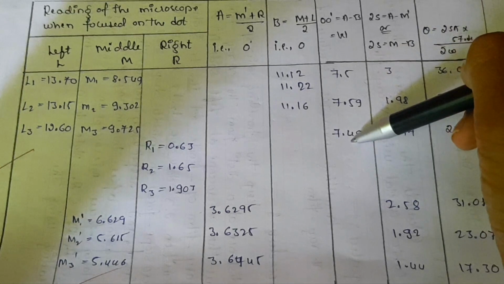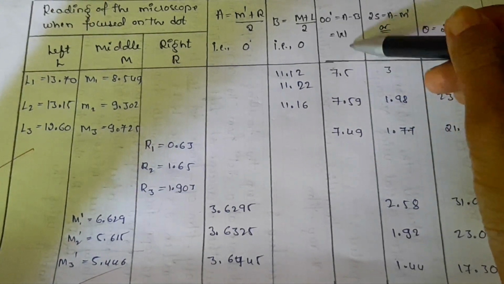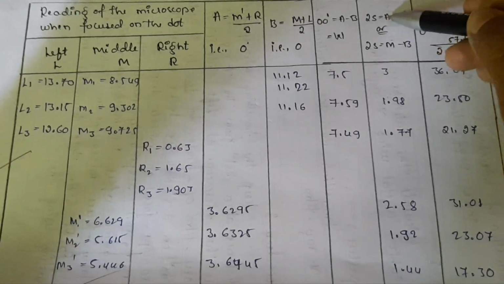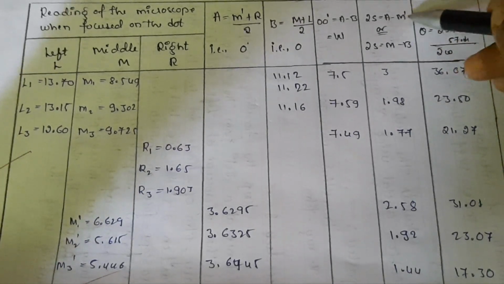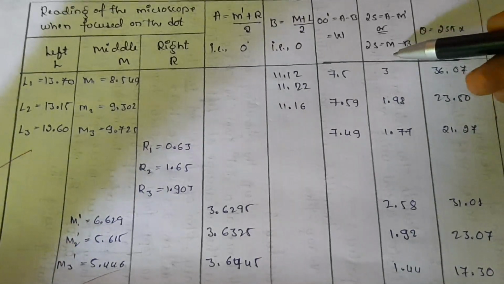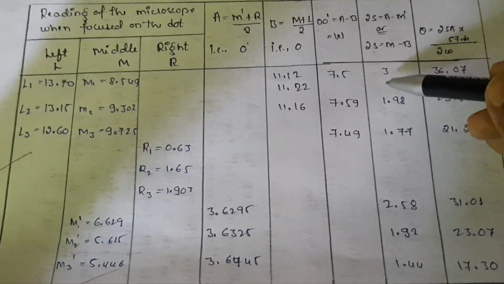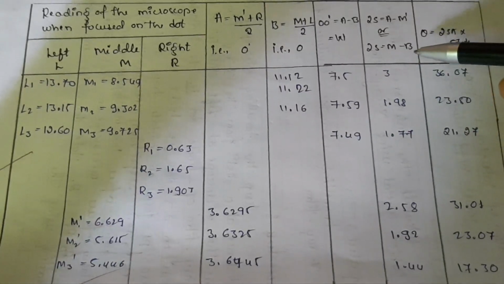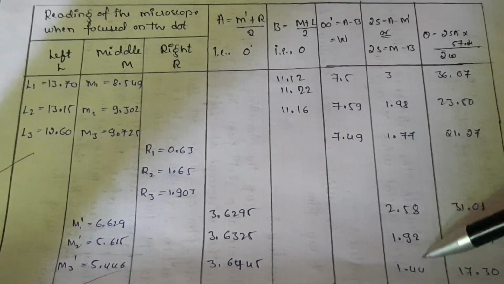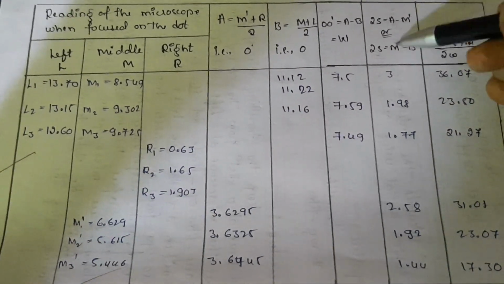So we will get around 7.5. Next we go for the calculation of 2s, that is equal to A minus M prime or M minus B. If we calculate, we are going to get again 3 readings. So write down these values for M and M prime.